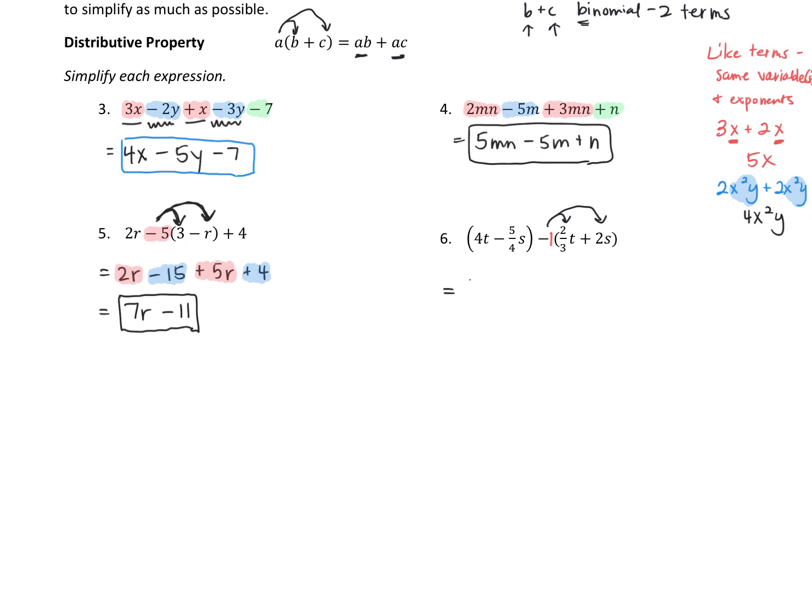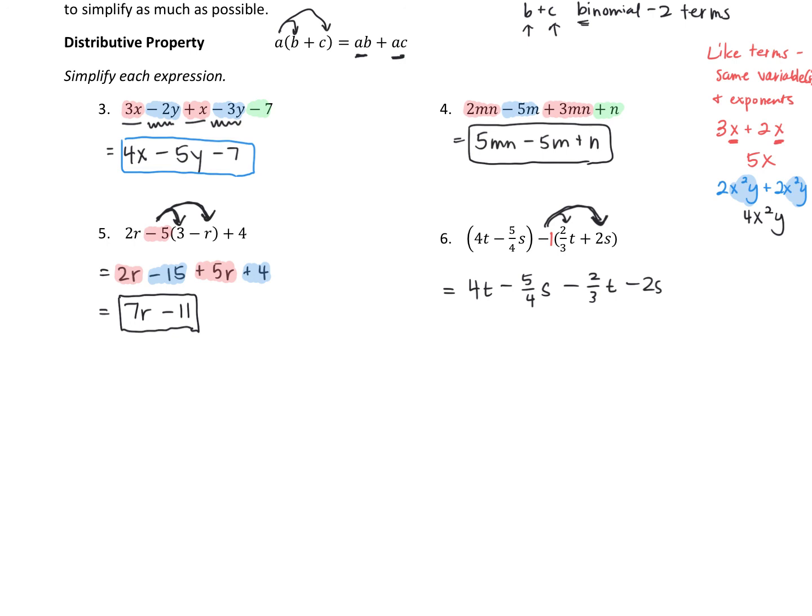So the first set of parentheses, I have nothing to distribute. So I'm just going to bring down what I have, and I can take the parentheses off. So 4t minus 5/4 s. When I multiply by -1, I will now have a negative 2/3 t and a negative 2s. So a very common mistake is you forget to distribute the sign to the second part.